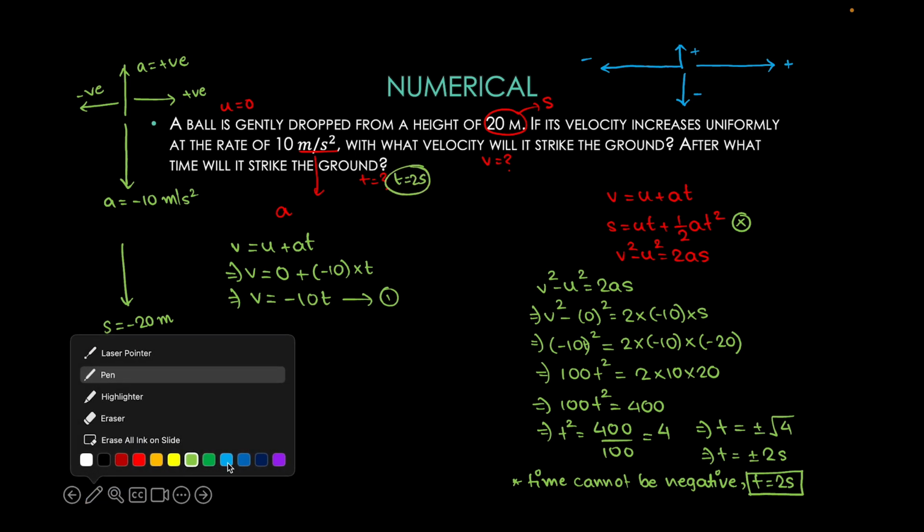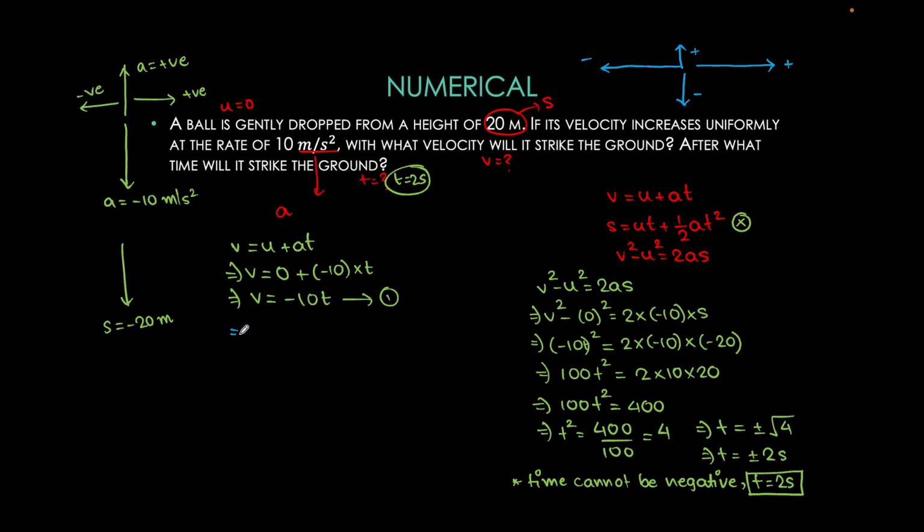Now for the second part, what we do is that v is equal to minus 10 into, we put the value of t, which is what, 2 seconds. So v is equal to what, minus 20 meter per second. So here we have our second answer, which is minus 20 meter per second.